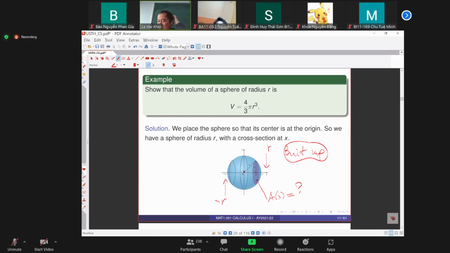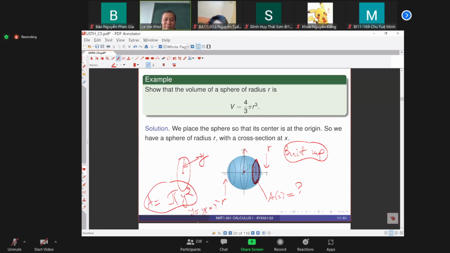When you cut the ball by the plane, you have a disc, and the radius of that disc is y, because it is the height with respect to this axis. So you have area pi y squared. y is a function of x.